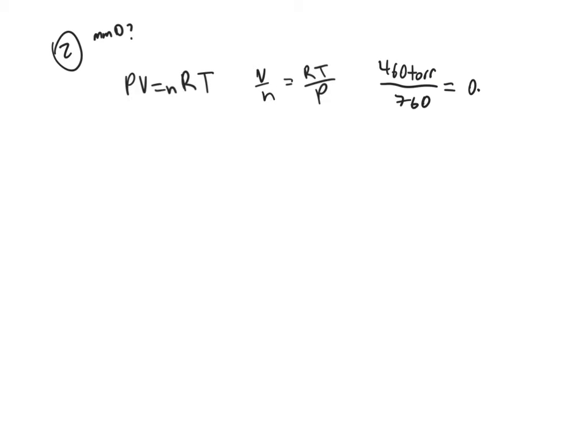For question 2, we are asked to find the molar mass of gas D. So to begin, I will find the molar volume of gas C so that we can eventually find the molar mass of gas C. So it's basically PV equals nRT, and then we move it around to get V over n equals RT over P. The pressure we're given in torr, so we divide 460 by 760 to get 0.605 atm.